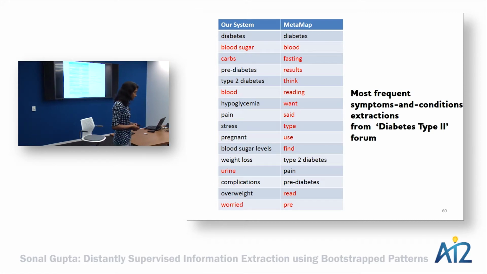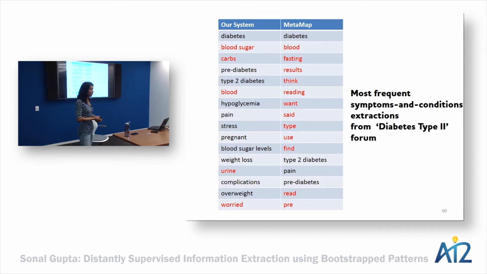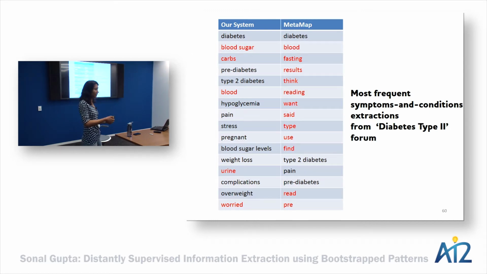But I would say ambiguity was a bigger problem in the first one, in which part of speech tagging, is it the domain or the technique? It was much harder for that as compared to the second one, in which just figuring out whether this is a good entity or not. It wasn't just drug or treatment versus symptom condition. It was more like, is this even a valid entity to consider? It was a harder problem.